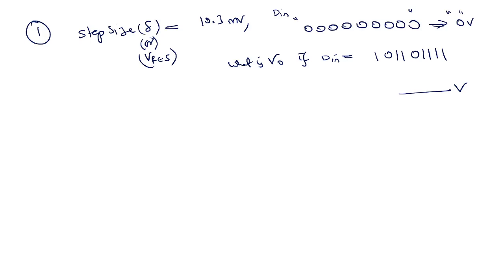What is V naught if D in is 101101111? It looks very difficult, but it's not that.